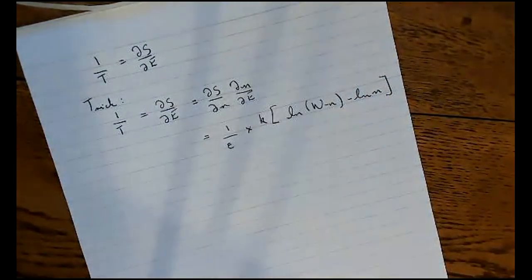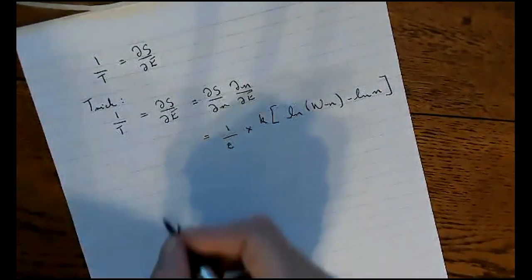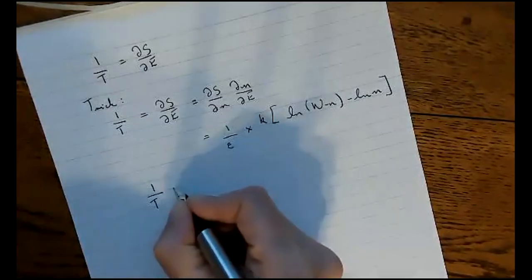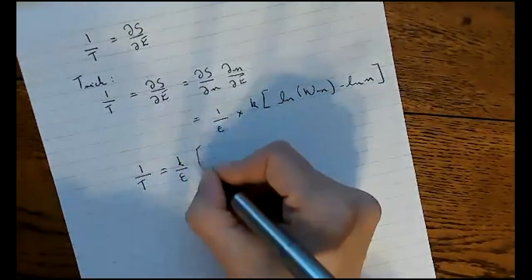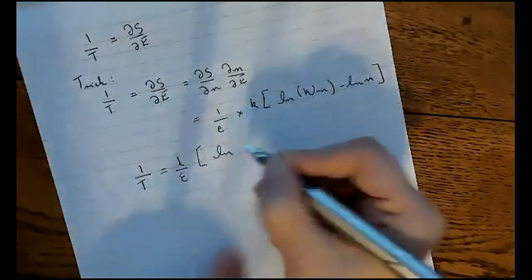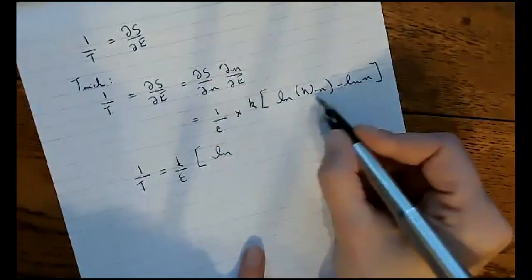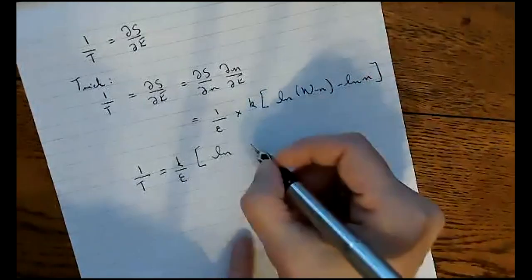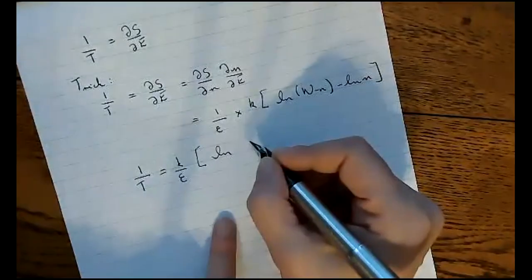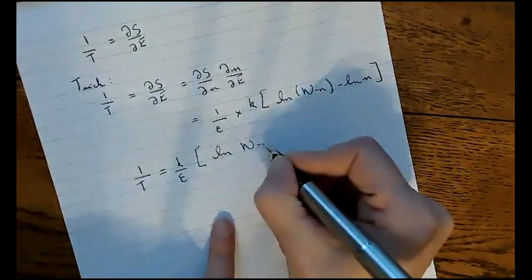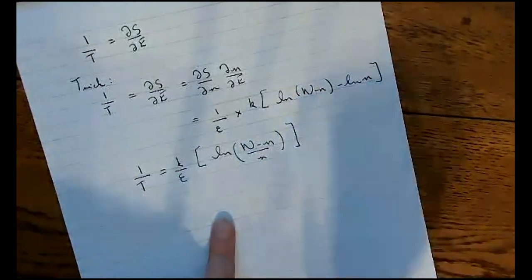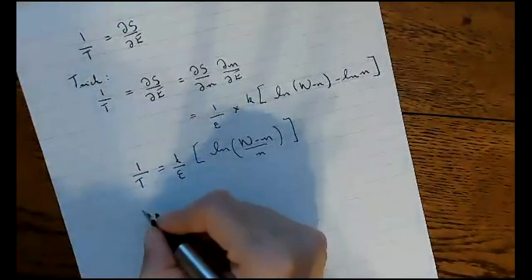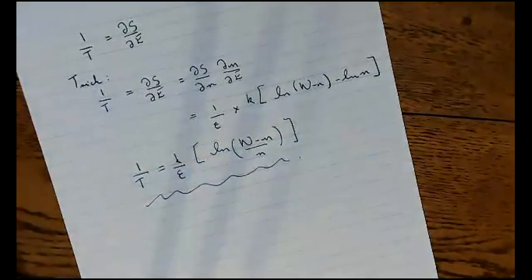Okay, so we know that 1 over T is equal to k over epsilon ln of, now because this is ln of big N minus little n minus ln of little n, we can write that, because of the beautiful power of logs, which we enjoy so much, big N minus little n over little n. Let's put all those brackets around. So what we have here is quite exciting.